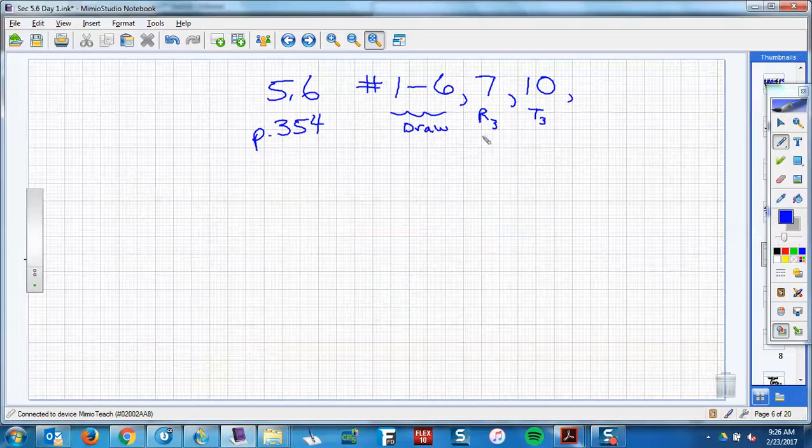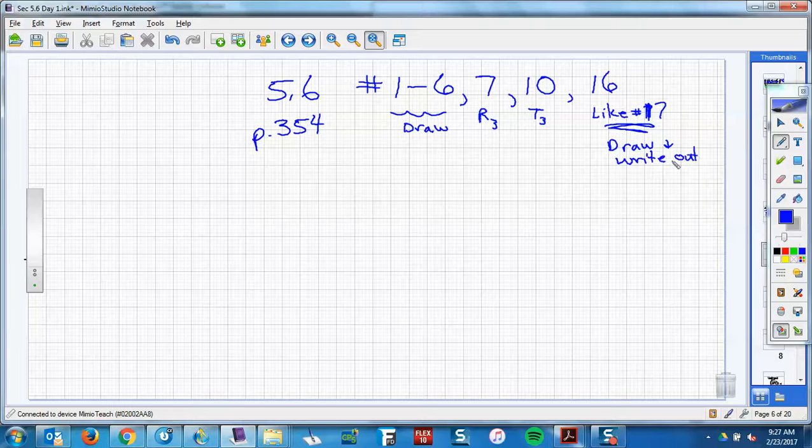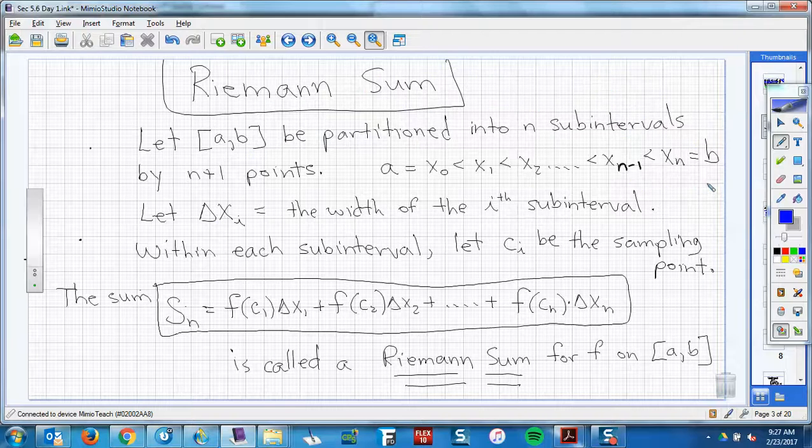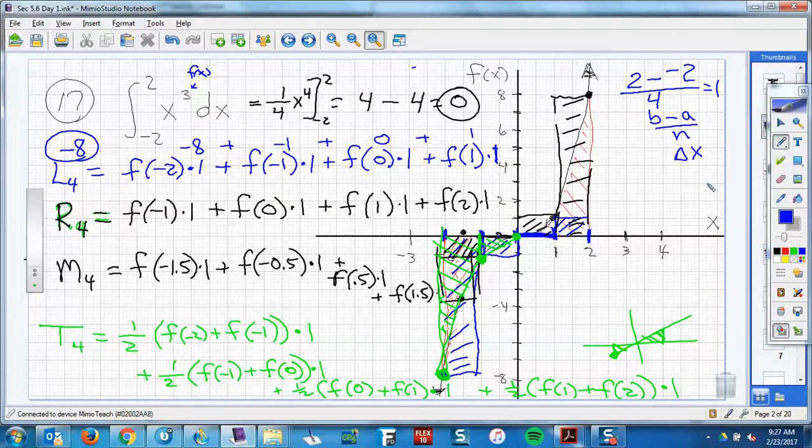And then the last problem on the homework is number 16. And that is just like number 17. That's like number 17 that we did together. So you are going to draw and write out L4, R4, M4, T4, right? That's when we did the x cubed. That's this one right here. That was the -2 to 2 x cubed dx.